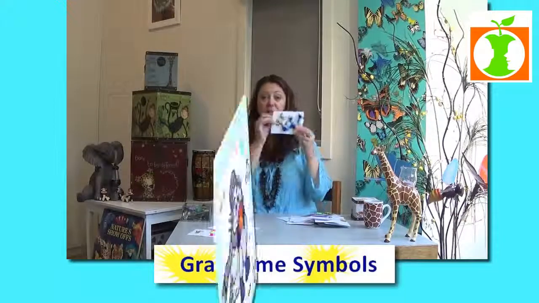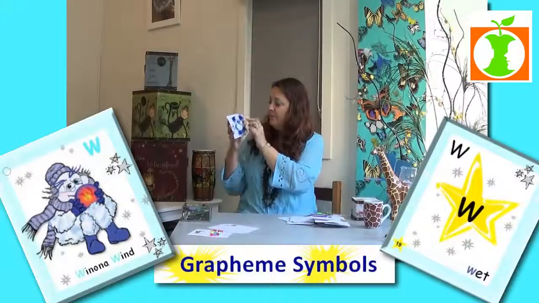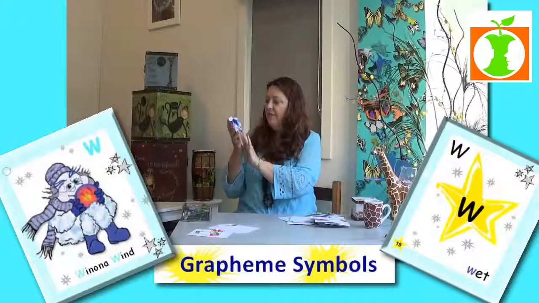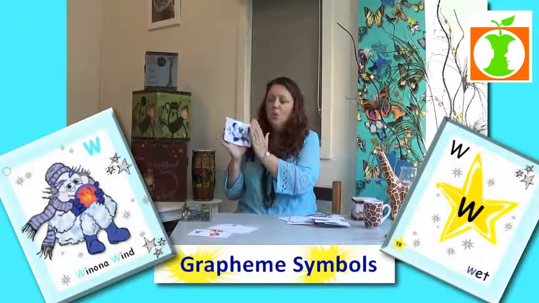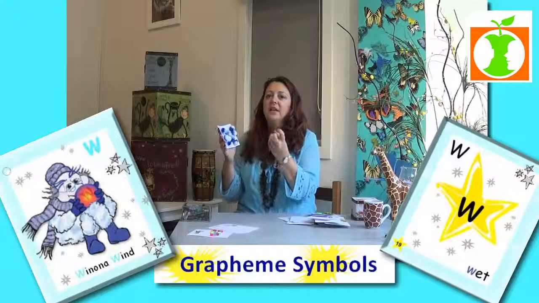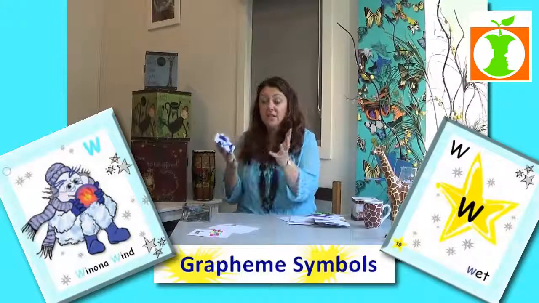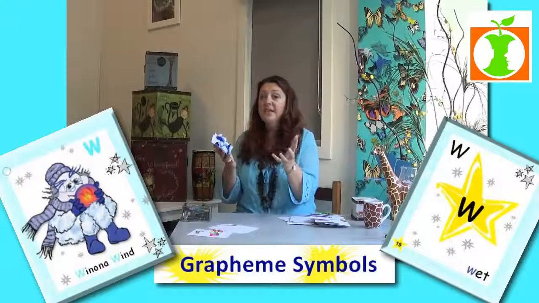So we've got Winona Wind, just some examples of what we've done. Here's Winona Wind, and we found some nice fluffy balls, and that way they can really come back and feel these textures. These are awesome for ASD children because they are so sensory, and they just love using their senses, because they experience the world very differently to what we experience.